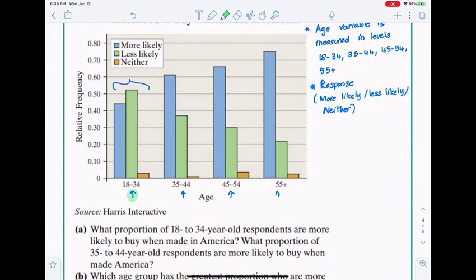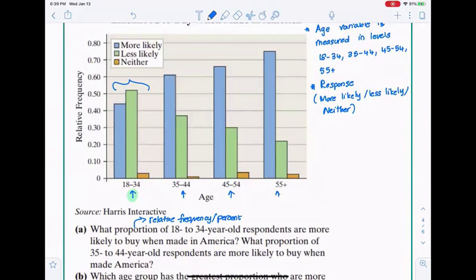Proportion, relative frequency, percent, they all mean the same thing. So when we say proportion, we're talking about the relative frequency or the percent. So, more likely to buy when made in America.